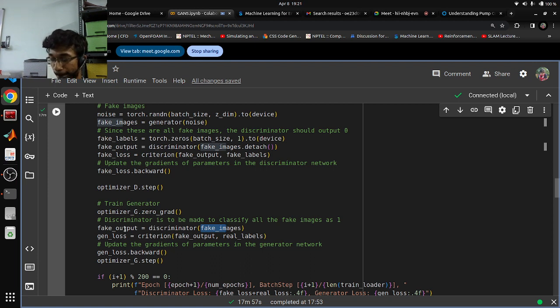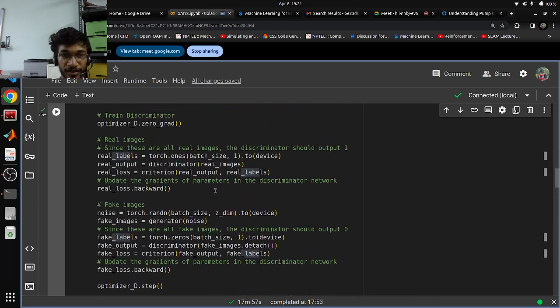So the loss for the generator is between this fake output and all ones. The real labels is all ones, as we saw here.